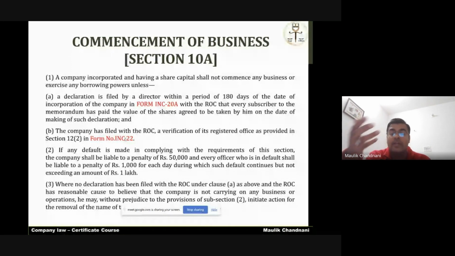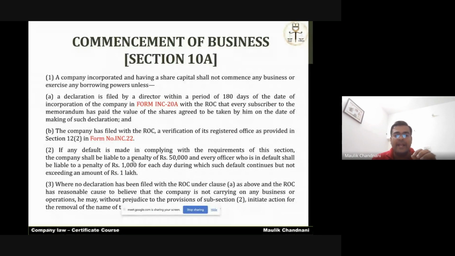One more use of INC 22 is, at any point in your life, if you change your registered office, then you need to file INC 22 with the details of your updated new address. But here we are talking about the first-time INC 22. You need not file that first-time INC 22 if you had already given the detailed address in the memorandum at the time of incorporation.